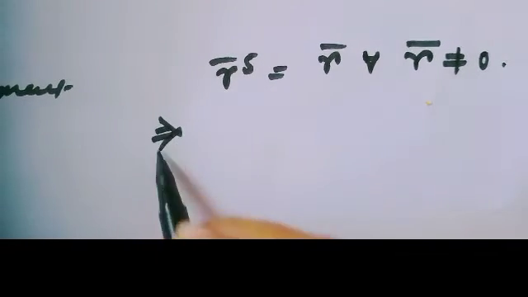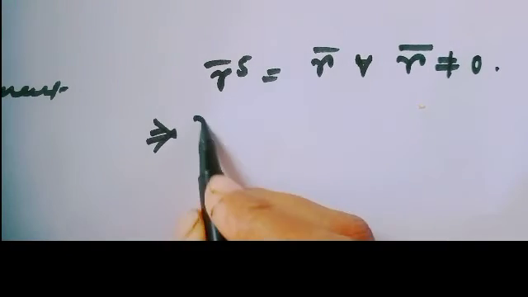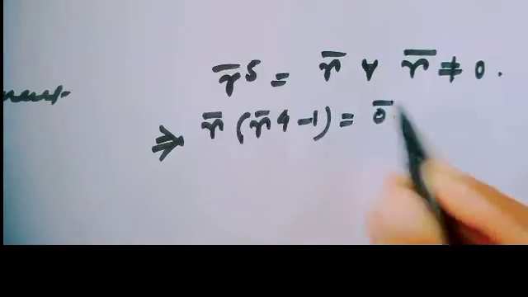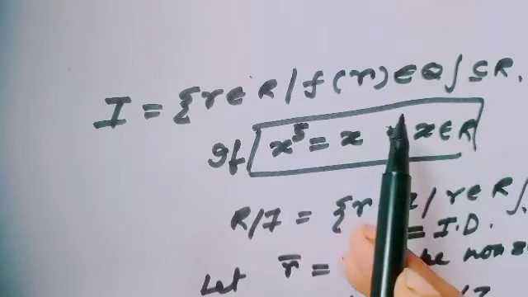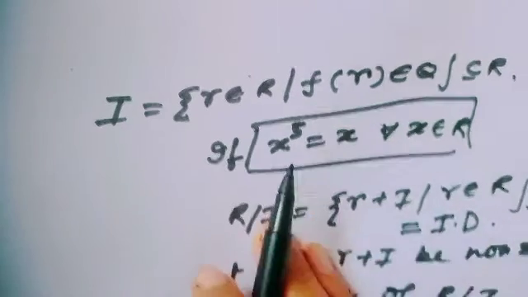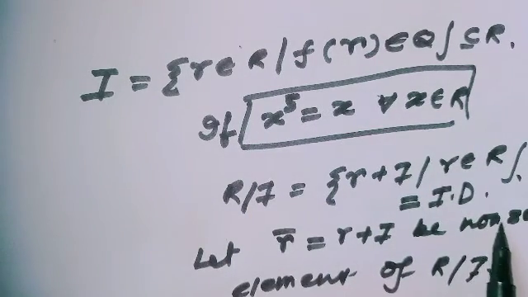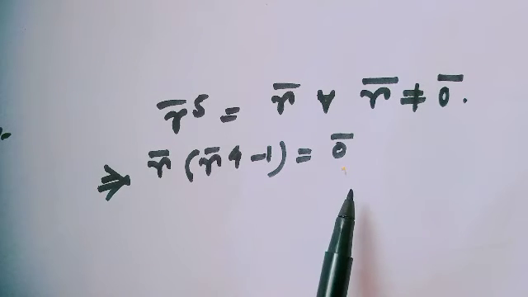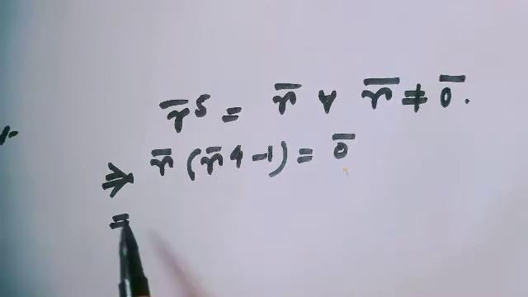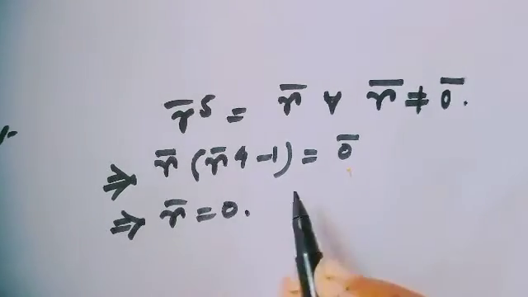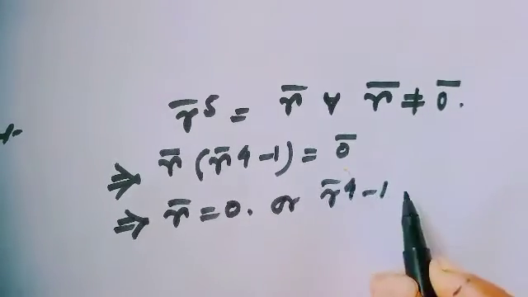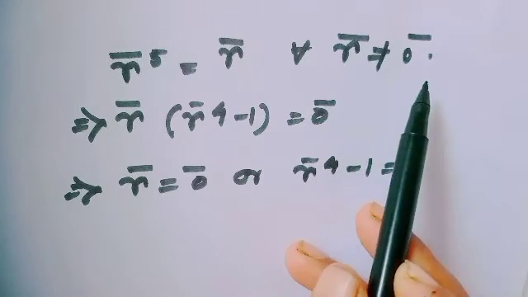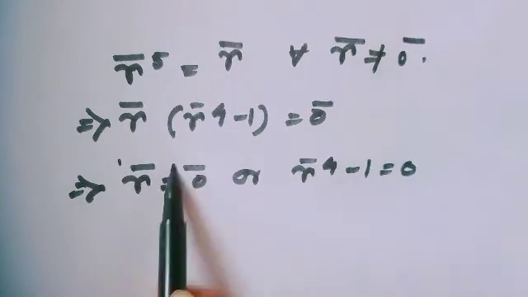And from this line we can tell easily R bar times (R bar to the power 4 minus 1) equals 0 bar. Since I is a prime ideal, obviously R mod I is an integral domain. So R bar times (R bar to the power 4 minus 1) equals 0 bar implies either R bar equals 0 bar or R bar to the power 4 minus 1 equals 0 bar. Since R bar is not equal to 0, this is not possible.